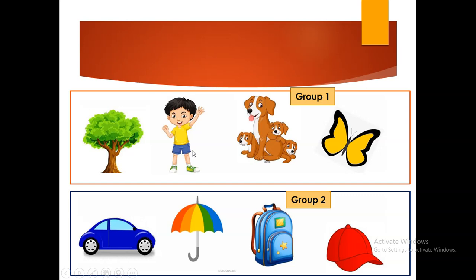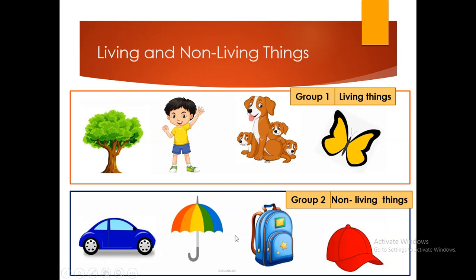They are alive. So these are living things. What about group 2? Car, umbrella, bag, and a cap. These things are not alive. These are non-living things. So this is our lesson for today. It's about living and non-living things.